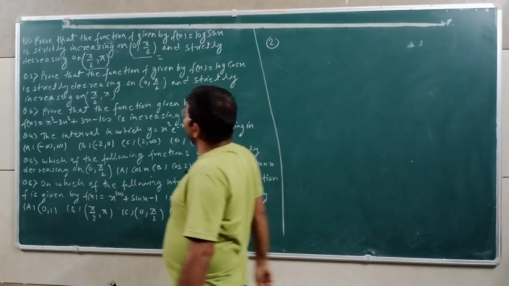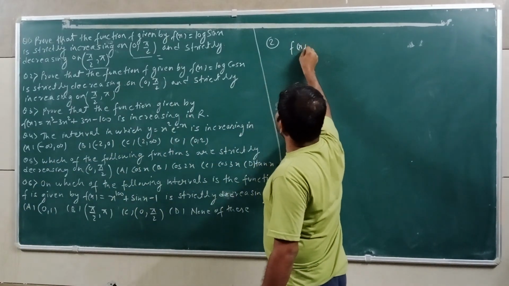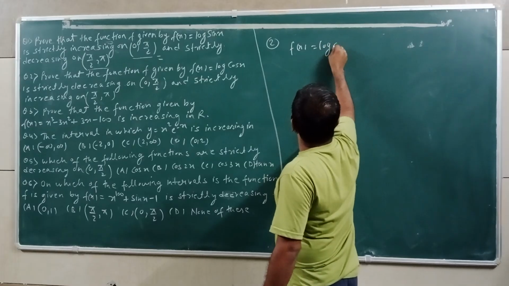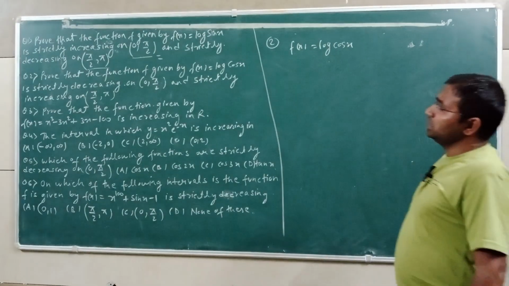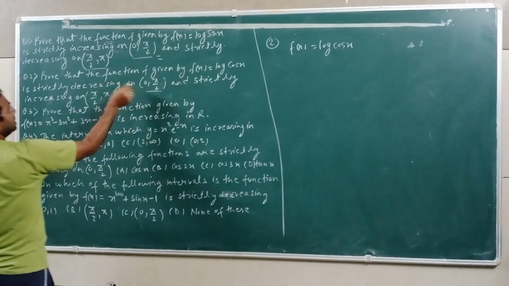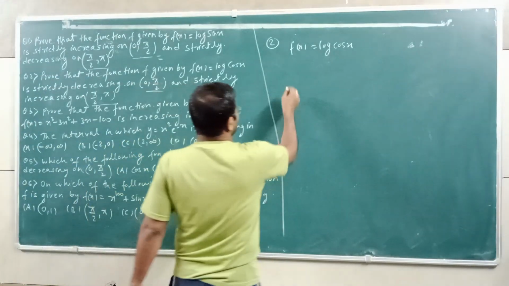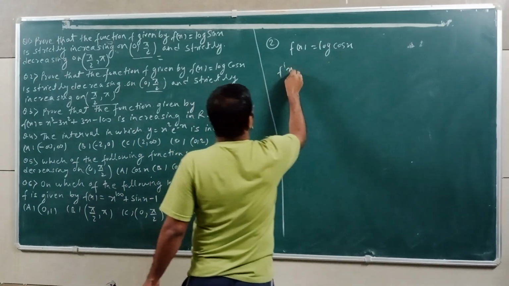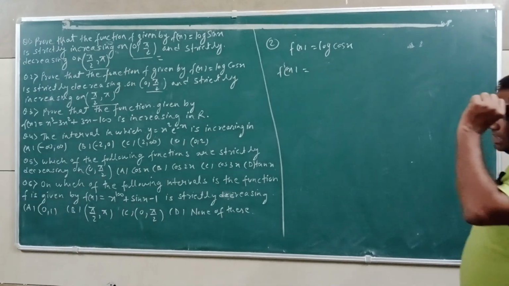In question number 2, prove that the function given by f(x) = log cos x is increasing in this interval, decreasing in this interval, and increasing in this interval. For proving, first of all we have to find the derivative, means we have to differentiate this.